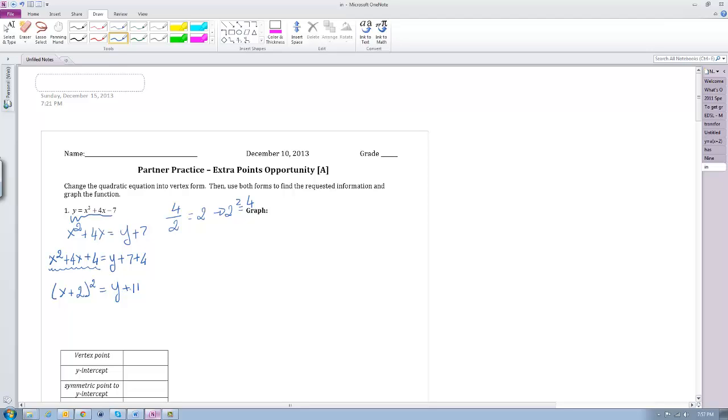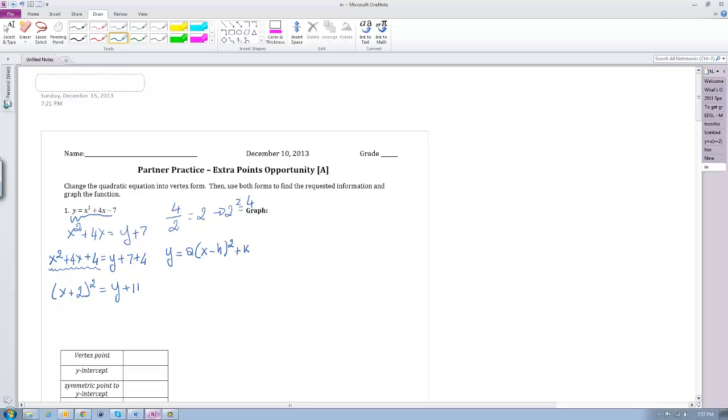This is basically done. The only thing we have to do, remember that the vertex form of the quadratic equation needs to be written as y equals a times (x minus h) squared plus k, where h and k are the coordinates of the vertex.